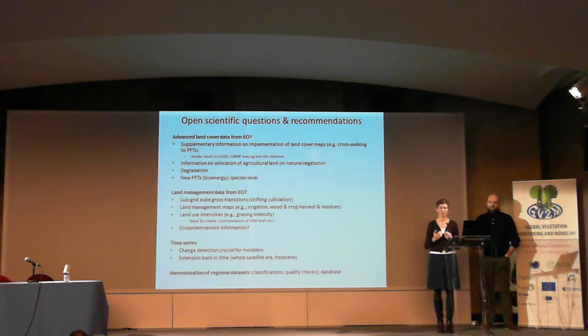So I think what would be required is that the modeling community really comes up with their wish list in a very clear way, and then we can see which data is available and where synthesis is needed. And also, I mentioned the ecosystem services going beyond these standard climate and carbon cycle variables. I guess there's more information in the Earth observation community on directly evaluating such variables than is currently being used.